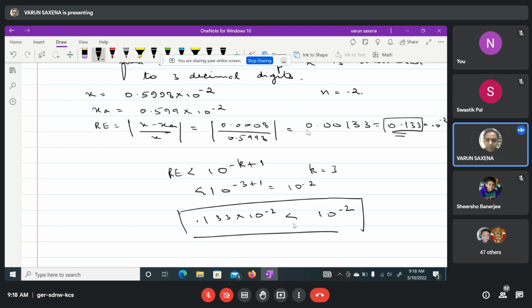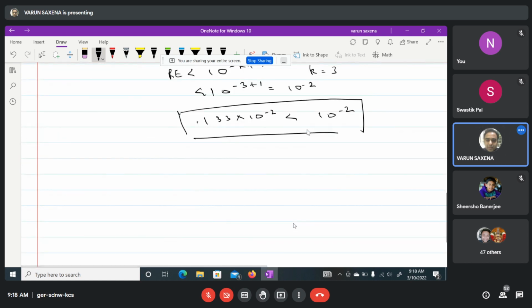Okay. I think if we go by another example, I think we did this example in the last class also. I'm not sure, but we'll see if the absolute error also satisfies the property.